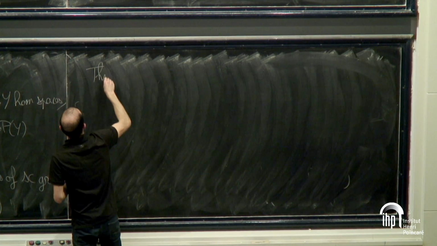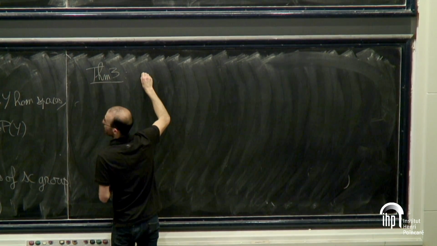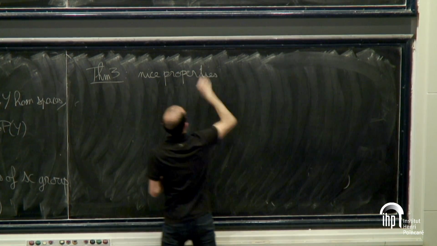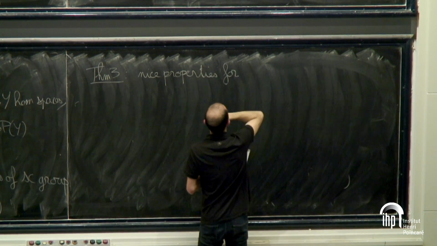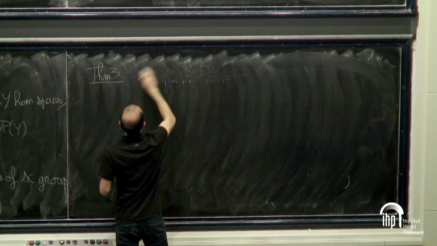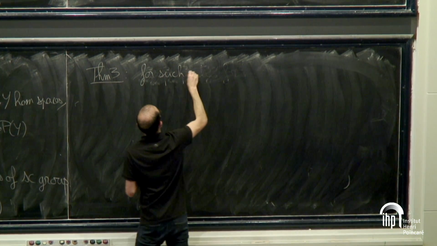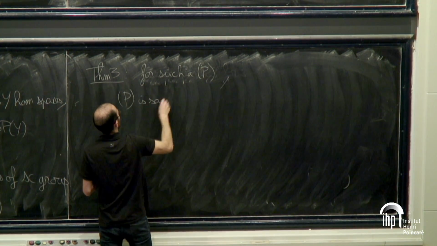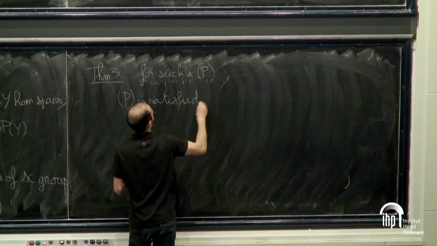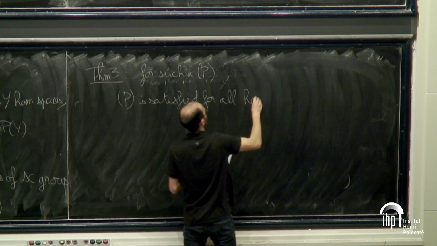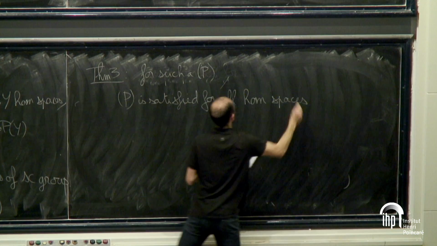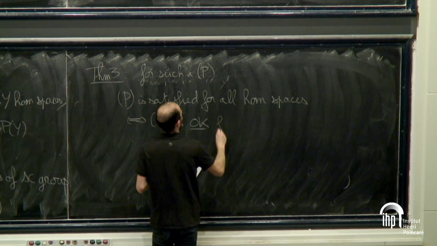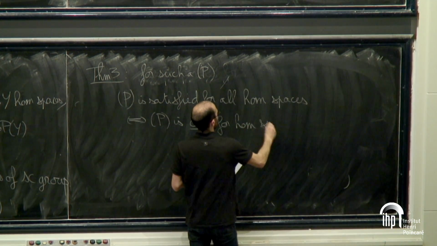Theorem 3: for such a nice property P, P is satisfied for all homogeneous spaces if and only if P is satisfied for homogeneous spaces of SLN with finite stabilizer.